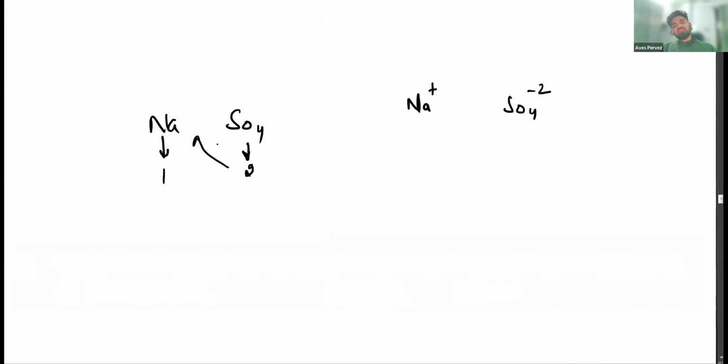So cross multiply and you get Na2SO4. But in the question it is written as NaSO4, so it is incorrect. When we have 1, we don't multiply it, okay?